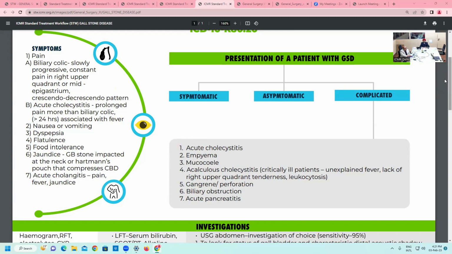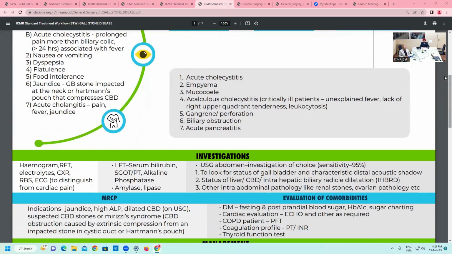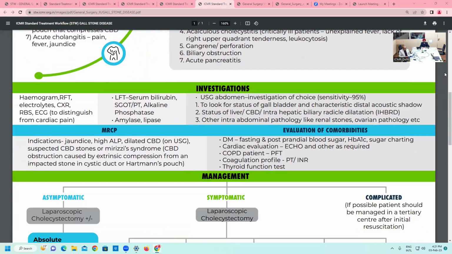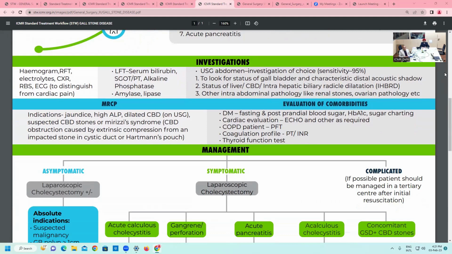So once the patient comes to us in the OPD or in the hospital with an ultrasound report of gallstone, or with either of these symptoms, then we must decide whether this patient needs to be operated, can be treated conservatively, or needs counseling. If the patient has symptoms, then we really have to act, because we need to operate and do a cholecystectomy.